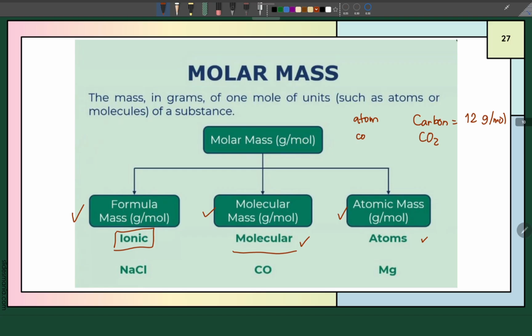This is covalent, so this is called molecular mass. That will be 12 plus 2 times 16, which is 32. This is 1 times 12, so 12. So 44 grams per mole. Then for ionic compounds, we have formula mass. But basically, you're just doing the same thing.